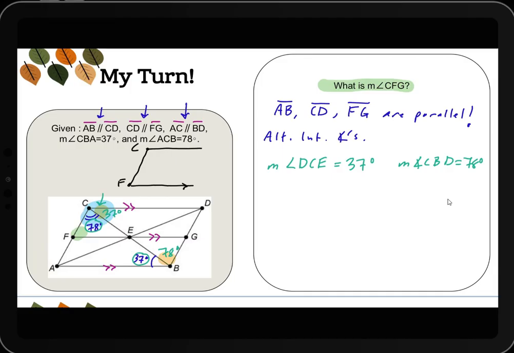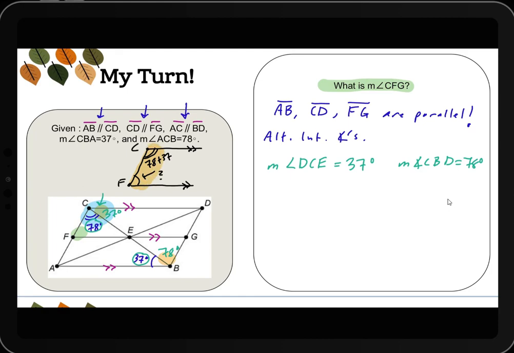We know they're parallel, right? And we're looking for this angle right here. We want to know what it is, but we actually have enough information to figure out what this angle is entirely. It's the combination of 78 and 37. Why is that significant? Well, the reason that's significant is because those form same side interior angles between two parallel lines.